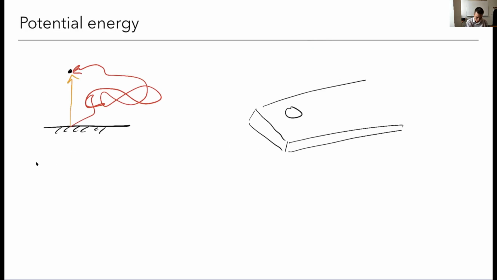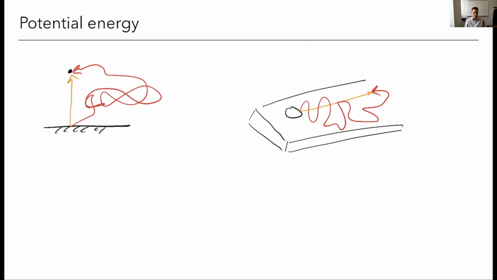If I was to move it from here to this final position versus moving from here all over the place and then ending up here, even though they ended up in the same last position, so the relative positions are the same, the path to get there is very different. And of course, friction, that matters. I'm going to expend a lot more energy overcoming friction with this path than I do here.